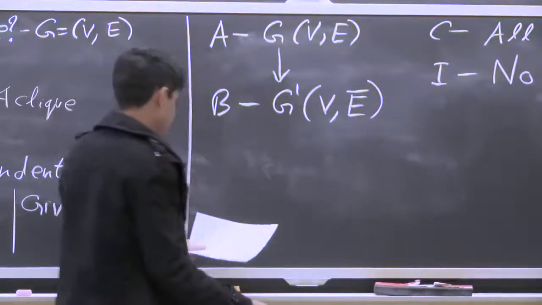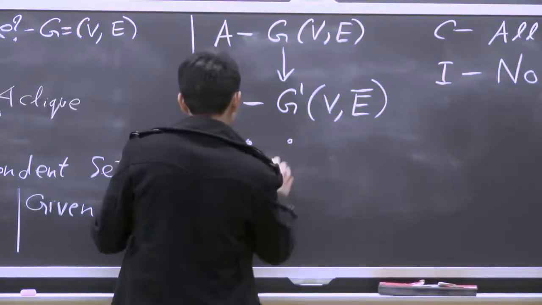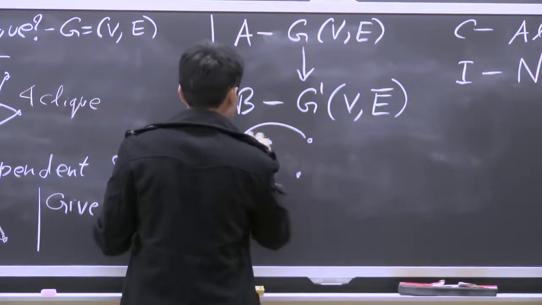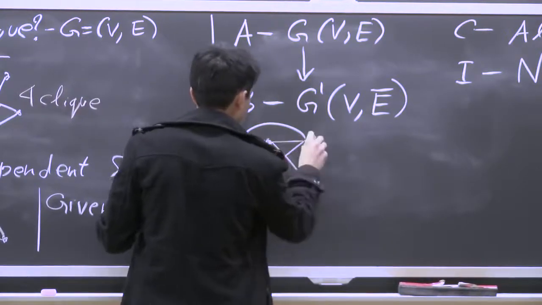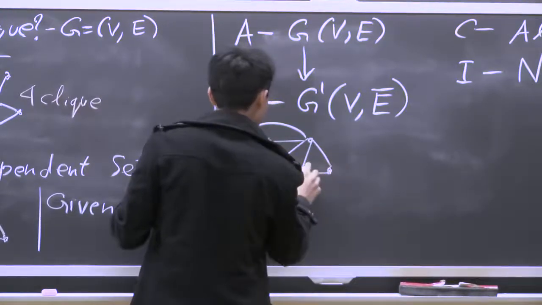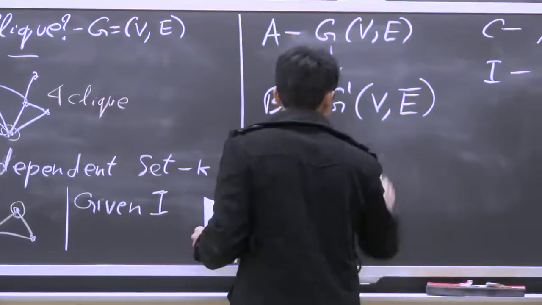So let's just draw an example. Let's say you had this graph, and what does this become?